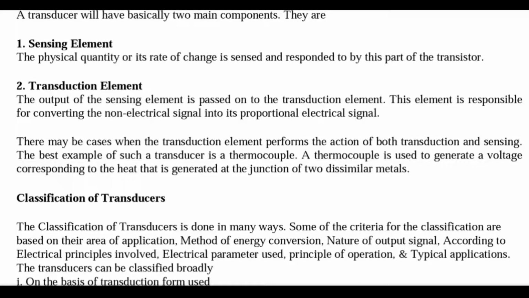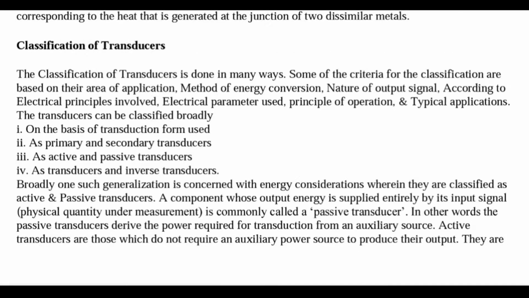Let us discuss the classification of transducers. The classification is majorly based on transduction form used as primary and secondary transducers, active and passive transducers, and inverse transducers. Broadly, these are the main classifications of transducers.